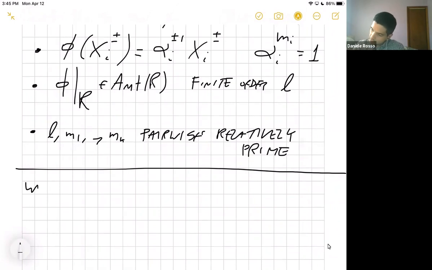Right, so the question we have is, what is this fixed ring? How can we describe it? And we have a candidate for what the fixed ring should be.